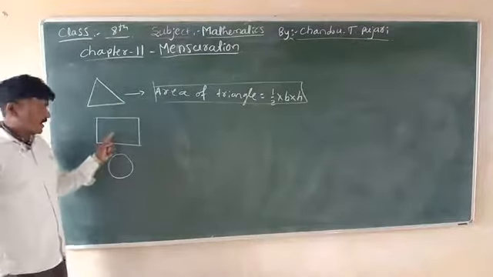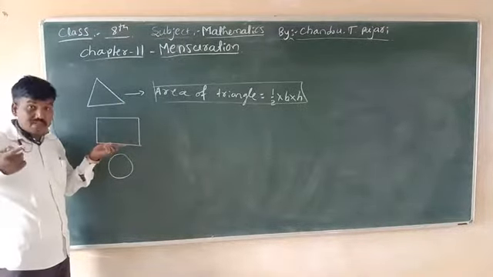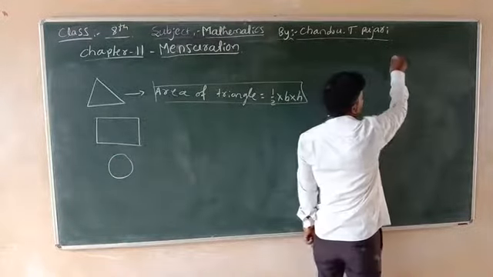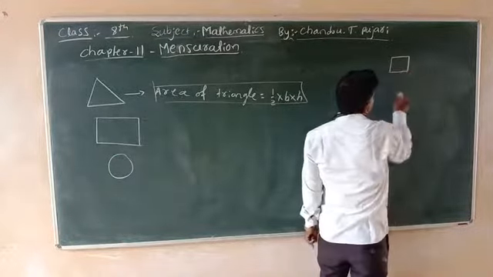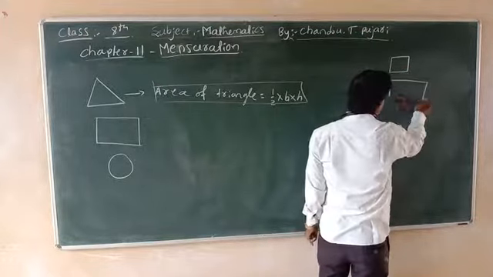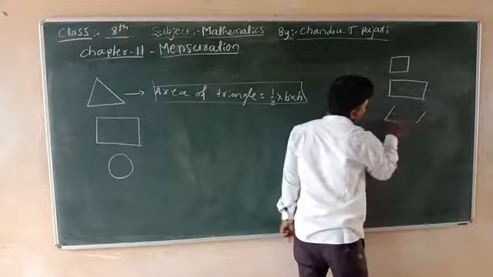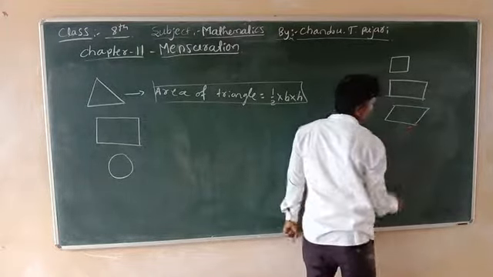In the quadrilateral, there are many special quadrilaterals. First one is the square. Next one is the rectangle. Next, the parallelogram.